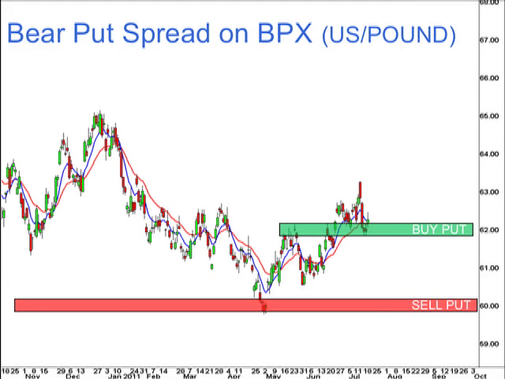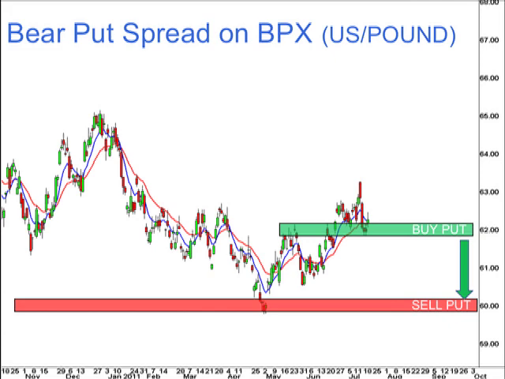And ultimately, in order to capture some premium and offset the cost of that long put option, I could sell off that out of the money put down at 60. Now, my rationalization would be that over the next couple of months, while I believe that there is the possibility of the BPX dropping down to 60, I see 60 as a key support level, and perhaps I don't expect that the BPX is going to trade any lower than that.